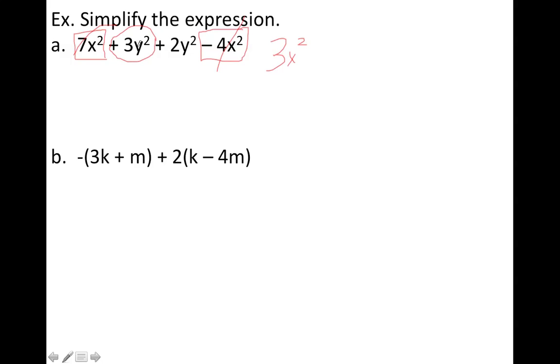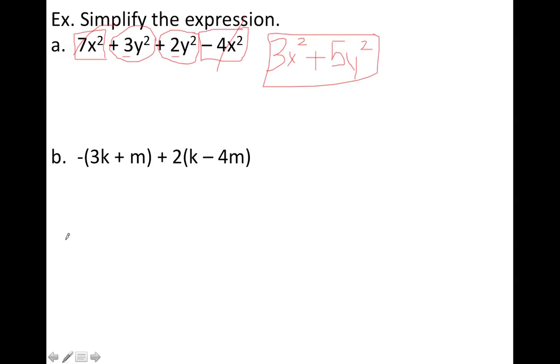And we have y to the second power. If you notice how this other term also has y to the second power. So we combine those two terms together. Again, add up your coefficients out front. So we get plus 5. And you keep your variables the same, y squared.